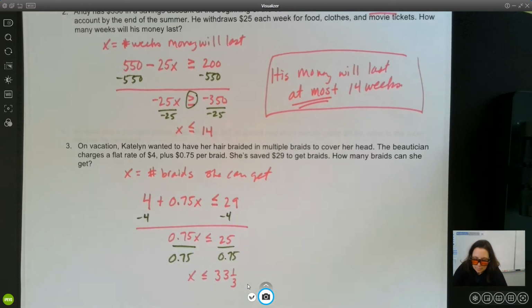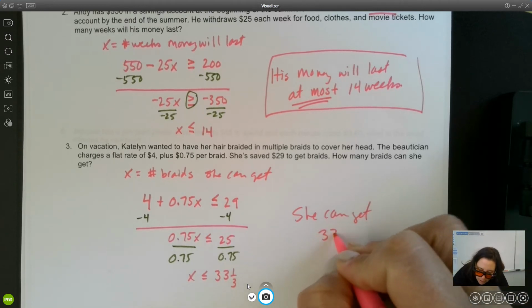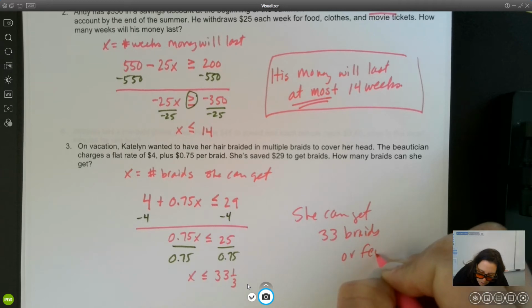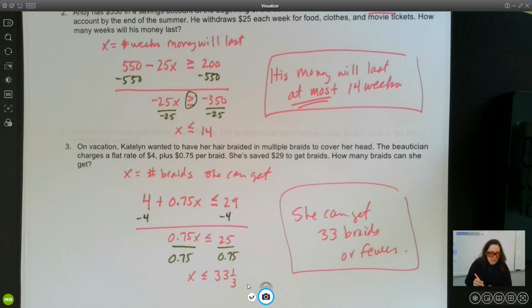She can get 33 braids or fewer. Okay, maybe another way to say it is she can get at most 33 braids. Okay, so it's really important to understand your answer is not she can get 33 braids.